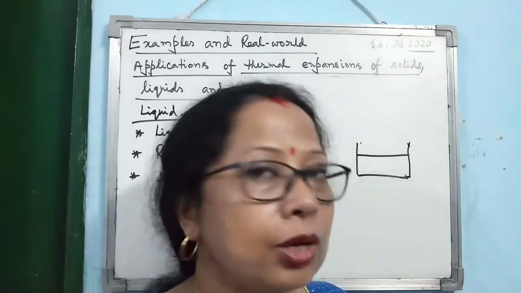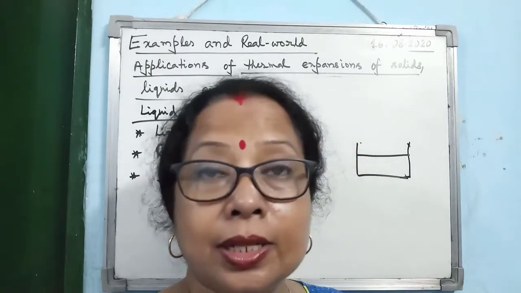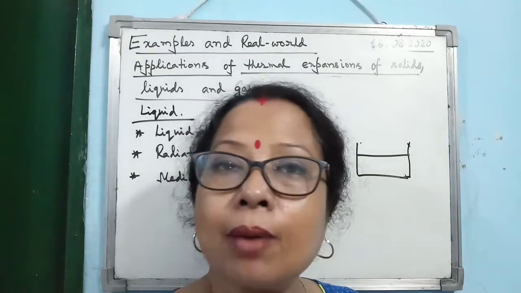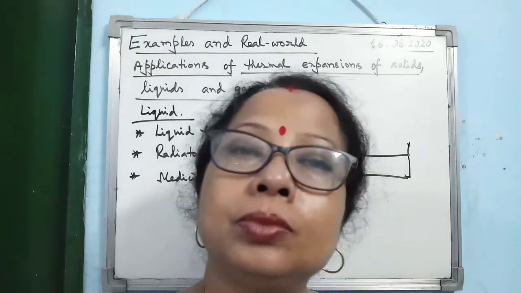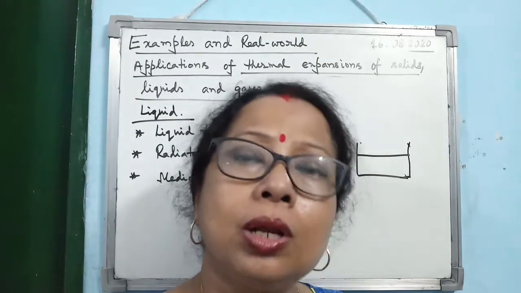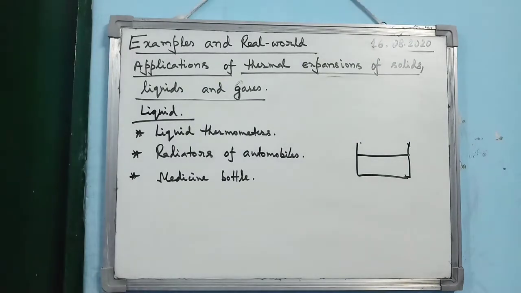The medicine is in liquid form, so it will expand. If there is no space within the bottle, if you fill the bottle completely with medicine, it may cause damage to the bottle and the medicine may come out. So that's why a certain amount of space is always left above the medicine. Medicine bottles are never completely filled.